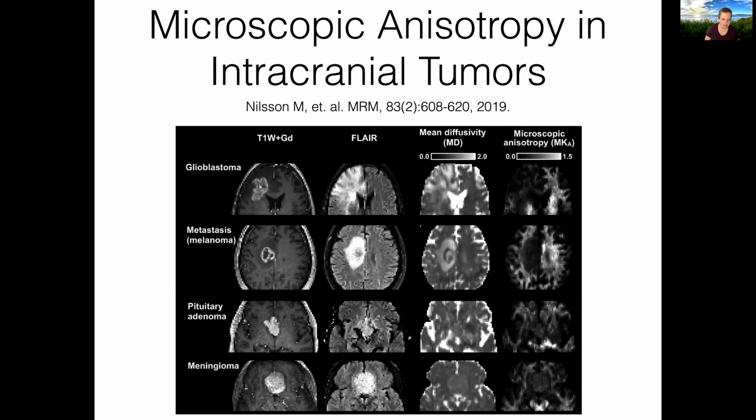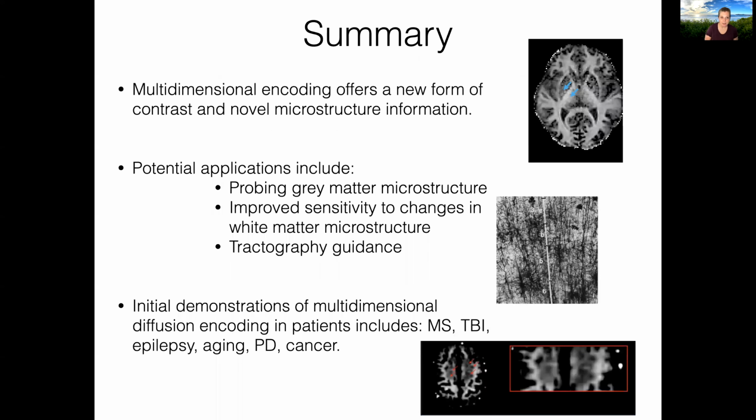in an assessment. So in summary, multidimensional diffusion encoding offers new form of contrast and novel microstructural information. Potential applications include probing gray matter microstructure, improved sensitivity to changes in white matter microstructure, and tractography guidance.